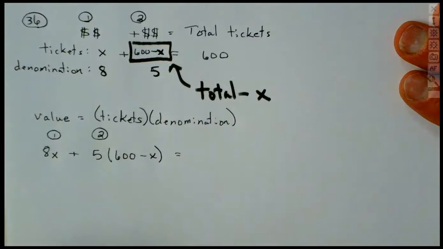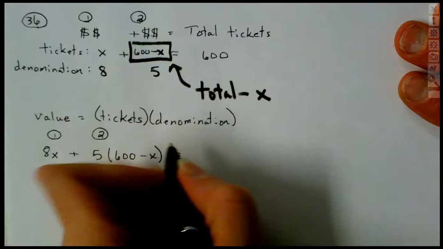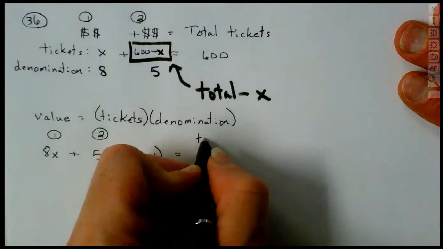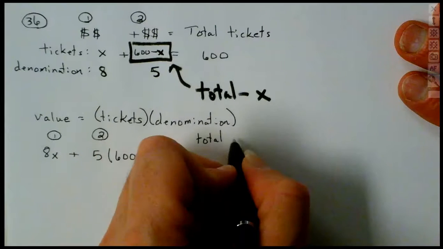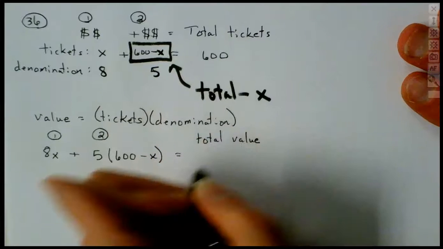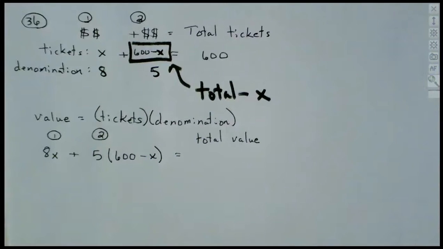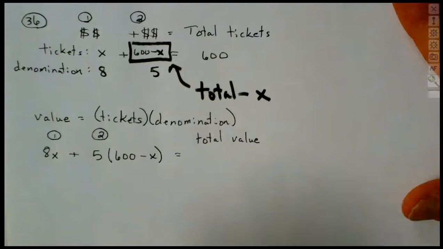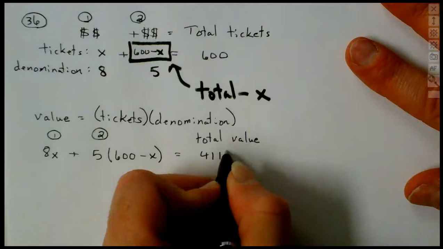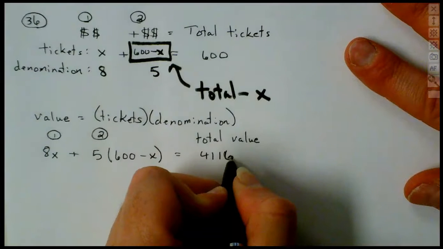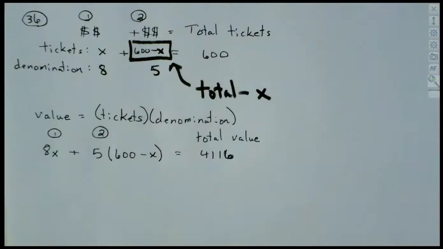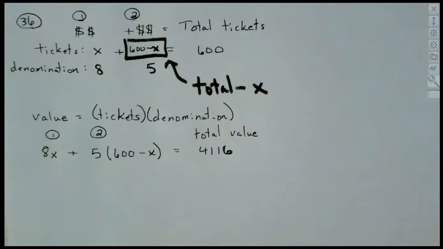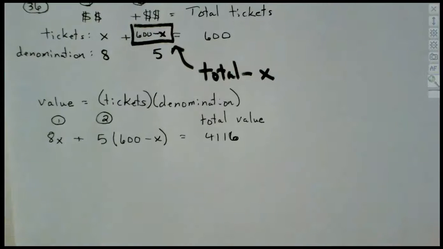And then on the right-hand side, we need the total value of all the tickets put together. Well, the total value of all the tickets put together is $4,116. And we've set that up.